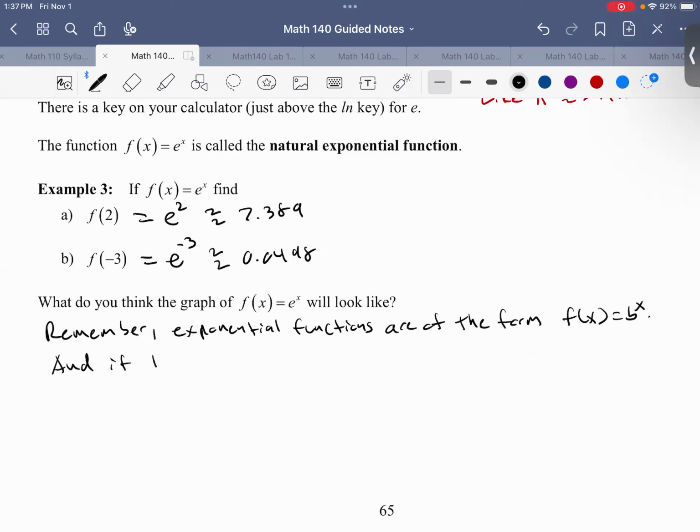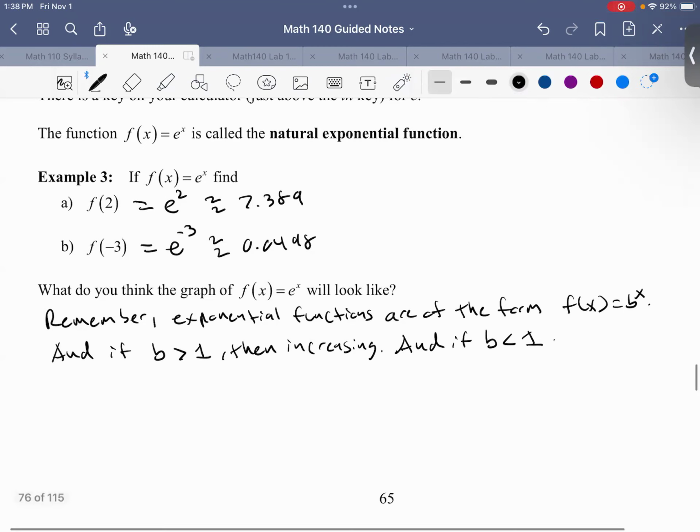And if that base b is greater than 1, then it's increasing, and if b is less than 1, then decreasing.